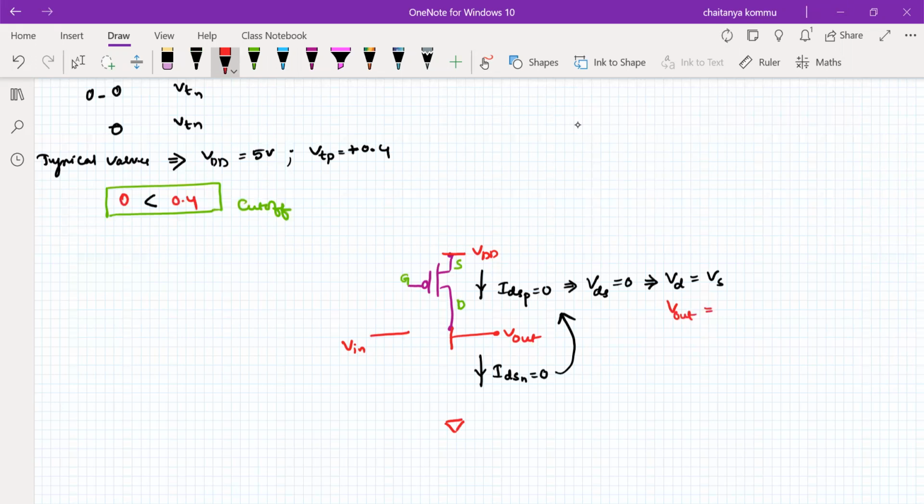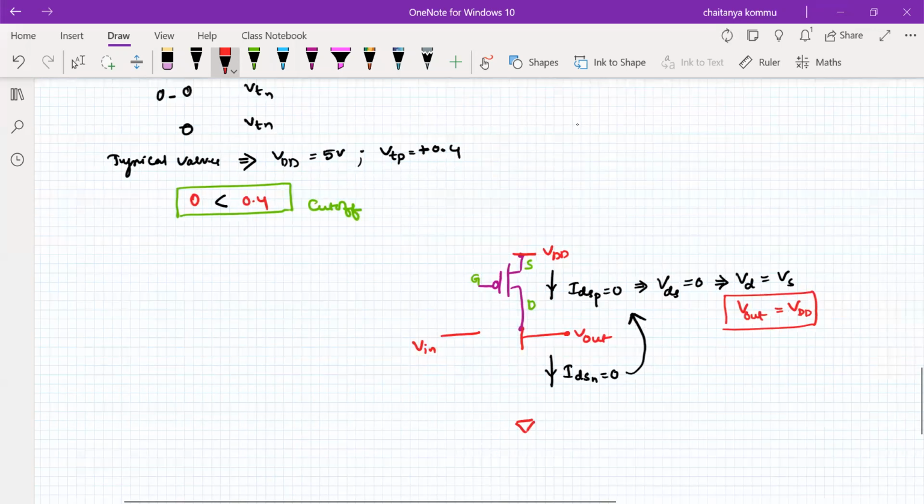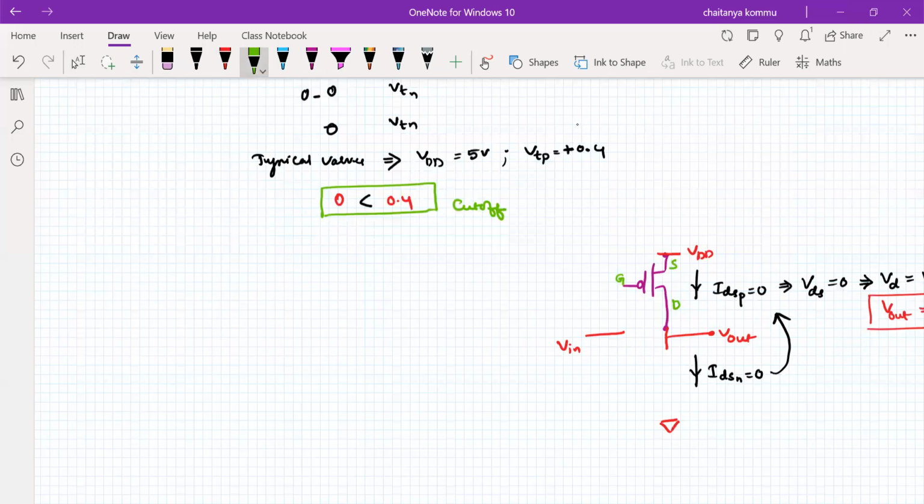What is the source potential for the PMOS transistor? It is VDD. So we get Vout is equal to VDD. Therefore Vout is equal to VDD when Vin is equal to 0.